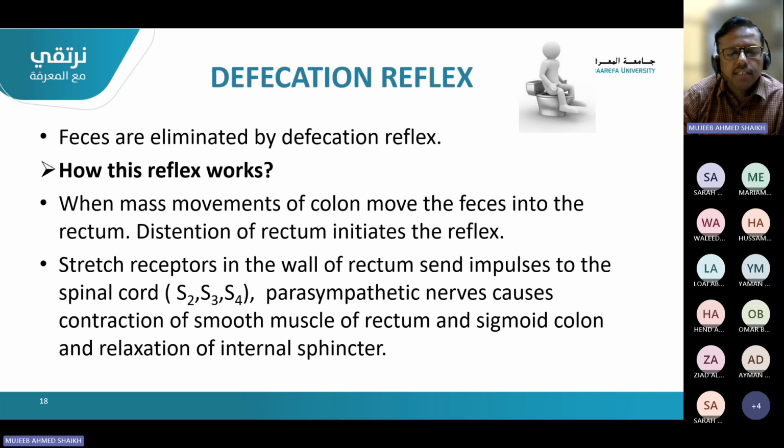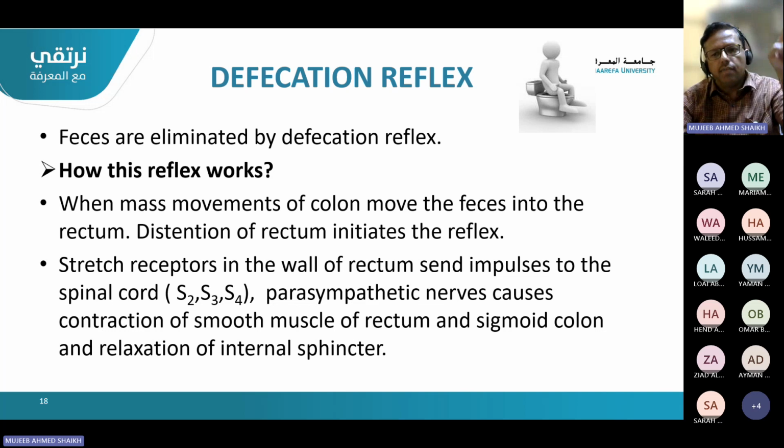So the defecation reflex is nothing but this: after the mass movement, when the chyme or the feces enter into the rectum, the rectal wall will get stretched. This stretching will lead to signals going to the spinal cord, between the S2 to S4 segments.